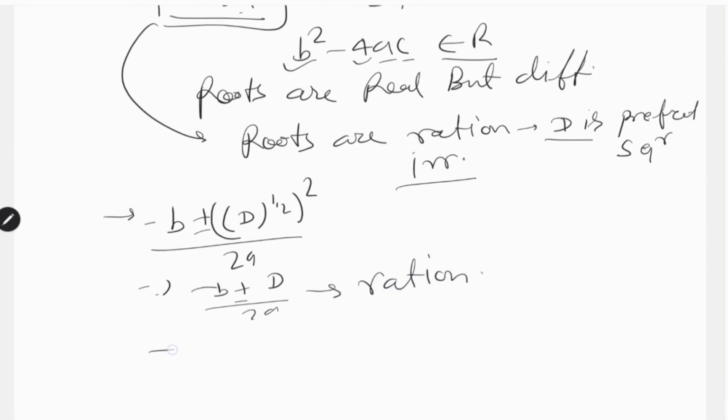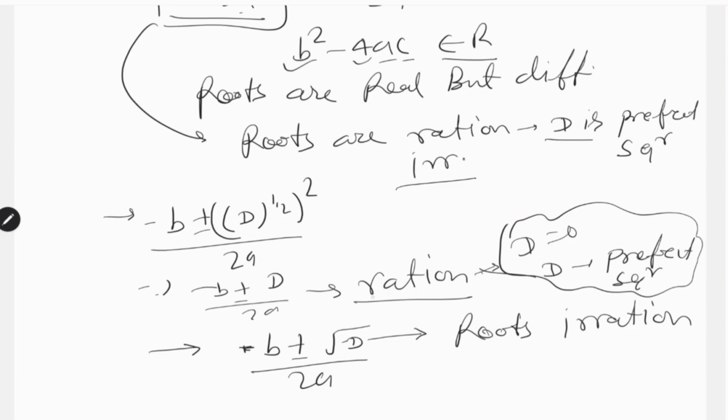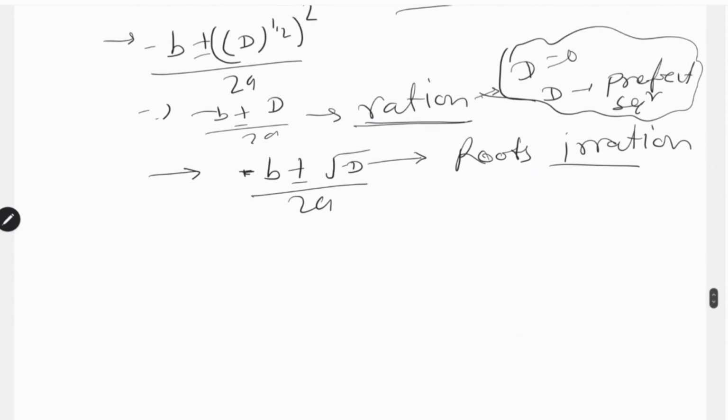If D is not a perfect square, then the roots (-b ± √D) / 2a are irrational. So what is the condition for rational? If D equals 0 and if D is a perfect square. Those two conditions give rational roots, and one condition gives irrational roots.